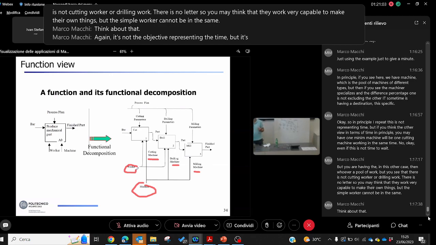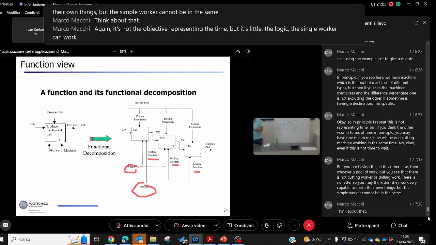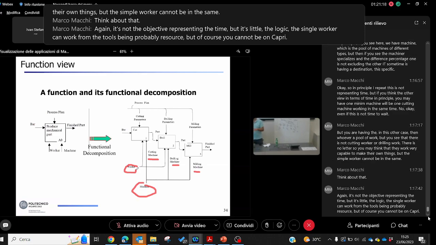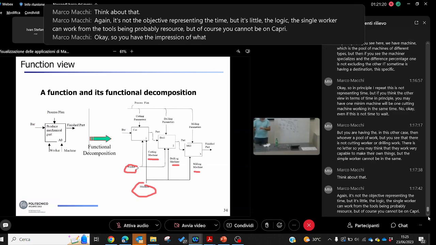The single worker can work on the tools, being probably a polyvalent resource. But of course, you cannot be concurrent in the two. So you have the impression of what the logic of this branching means.